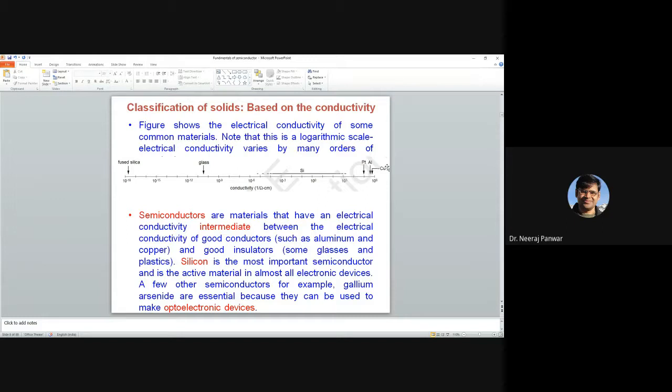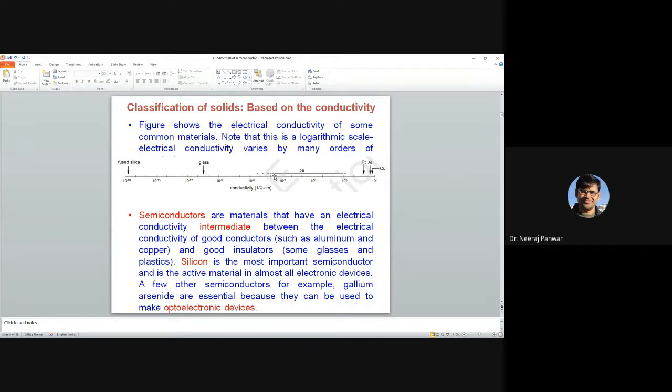It will remain fixed. In the case of insulators, it is very, very small, up to 10 to the power 4, 10 to the power 5 per centimeter cube. It is also not going to change. That's why the conductivity of metal is fixed at a particular temperature. Conductivity of insulators is also fixed at a particular temperature.